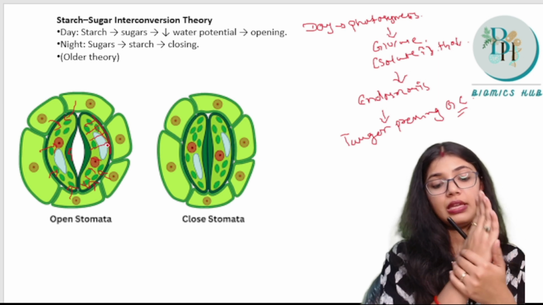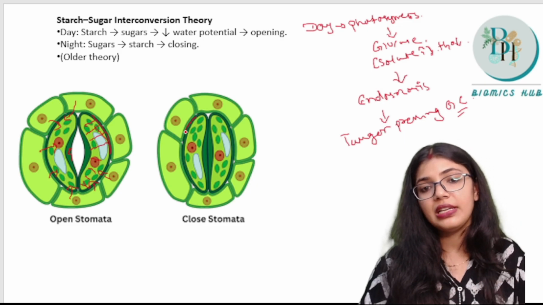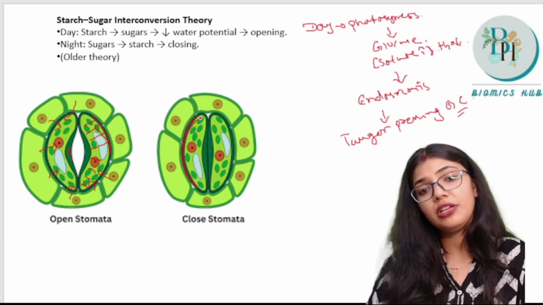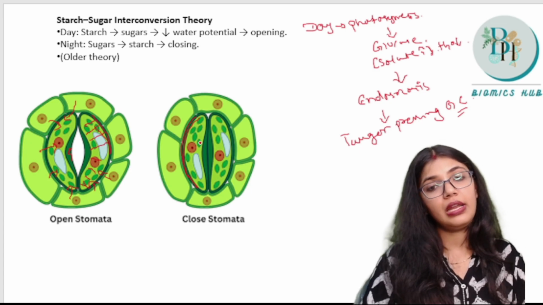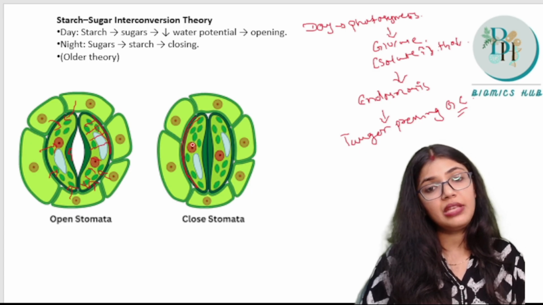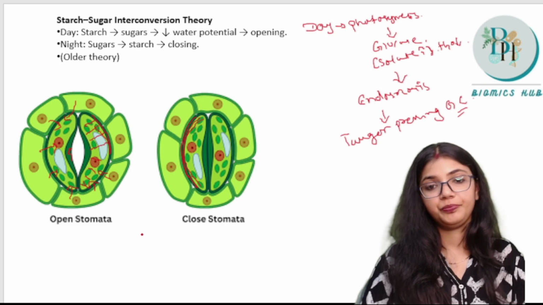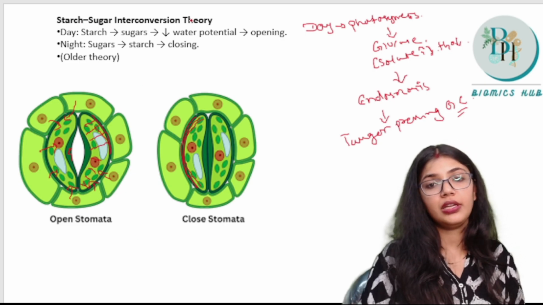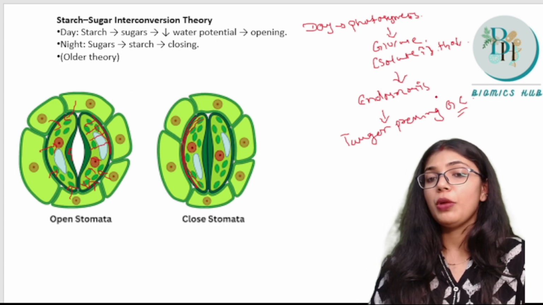You can see here that the curve is little when the stomata is closed, it is not much curved, but due to the pressure of water this is bending. Here the swelling is taking place, due to which there is pressure on this thin wall, and due to which the stomata is now opened. Okay, this is how the starch sugar interconversion theory tells about the opening of the stomata.